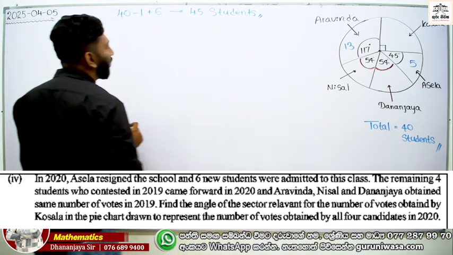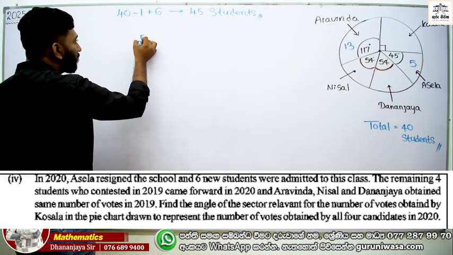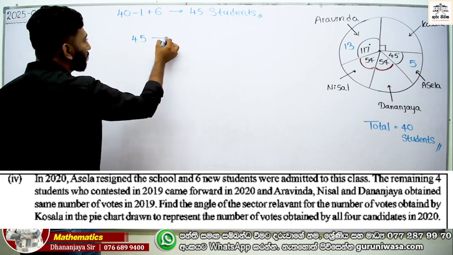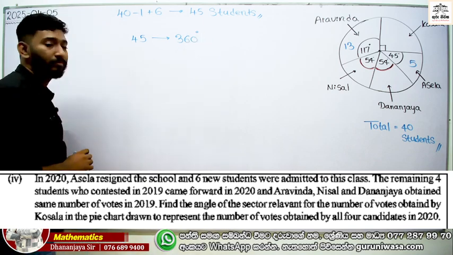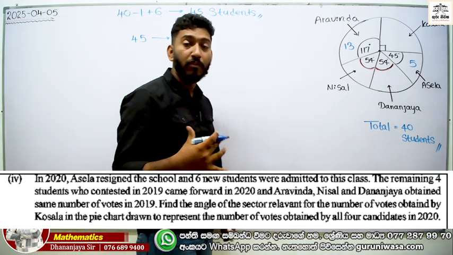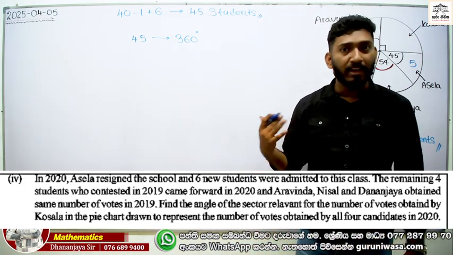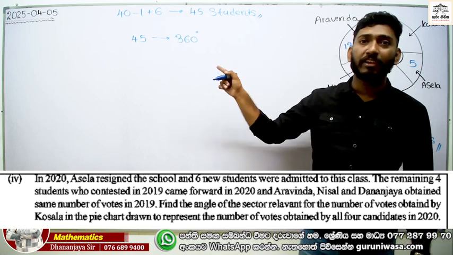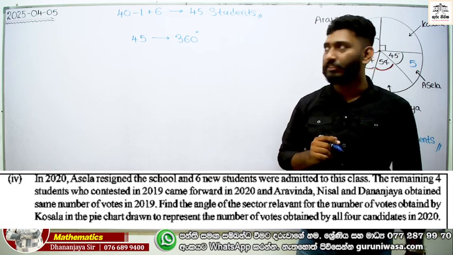ළමයි 45 දෙනෙක් ඉන්නවා. Therefore, 45 students now represent 360 degrees. Right? Now we have a new relationship. The previous one, 40 students represent 360 degrees. Now in this case, 45 students represent 360 degrees.